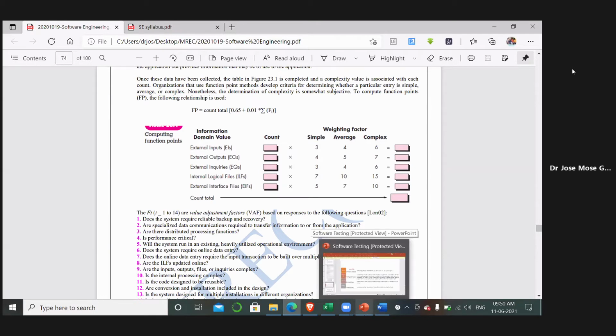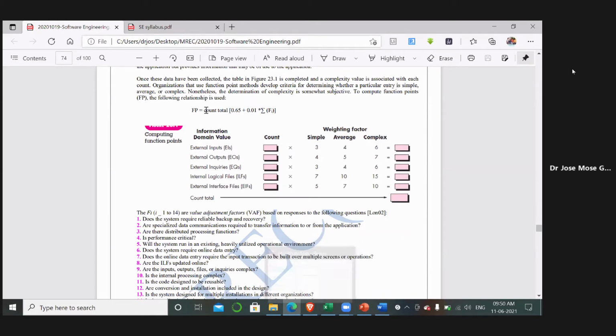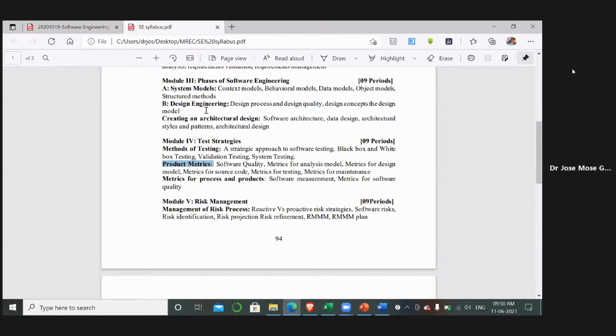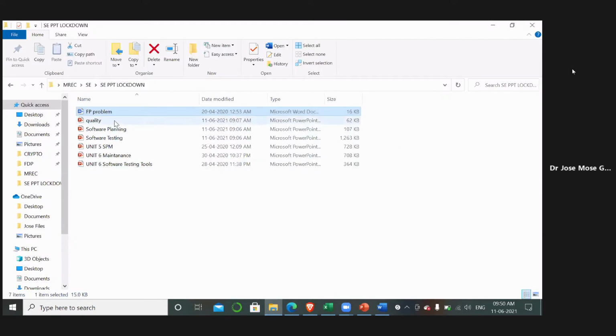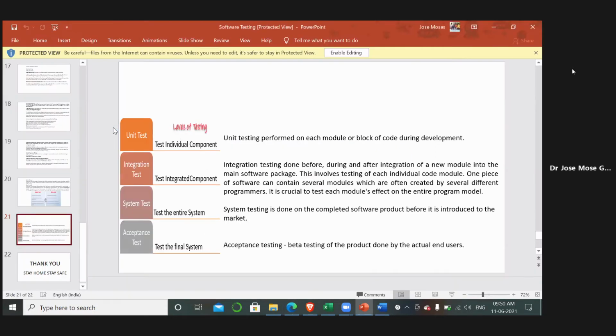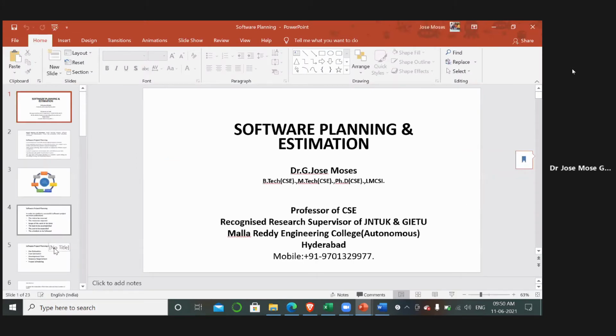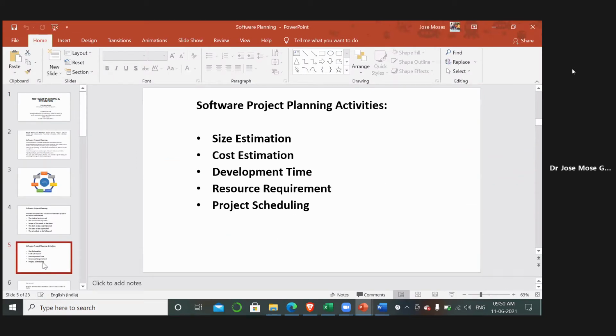Any more doubts you are having, you can ask me. So that is what we have seen, and we have seen one more concept called lines of code. I think it will be in quality only. Actually in software planning we'll be discussing all these things, but you do not have cost estimation in your syllabus.